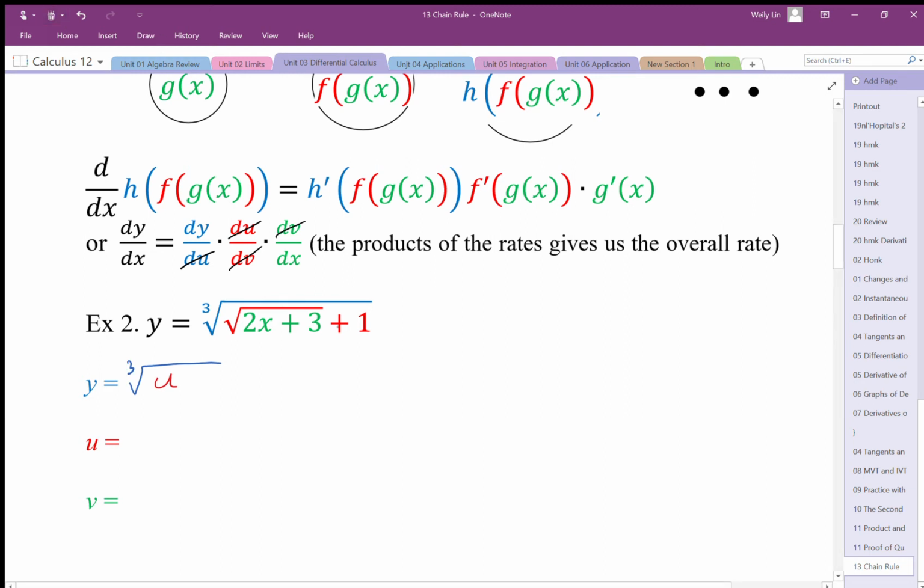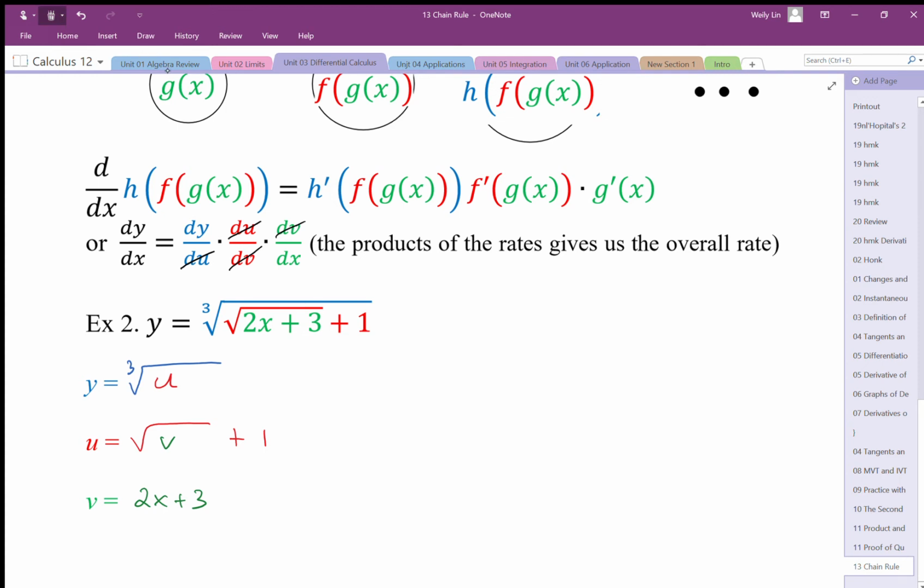The next function embedded in there is square root of v plus 1. That's what happens to whatever we plug into u: we get square root plus 1. And then inside of u, we have the v function, which is just a linear function, 2x plus 3. So there are my outermost to innermost functions.